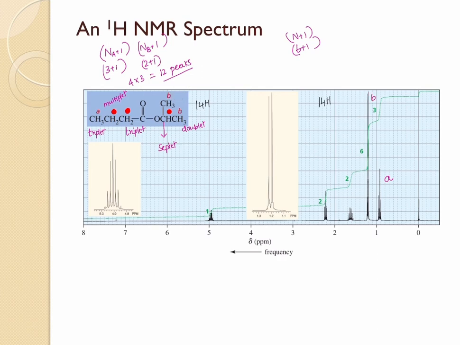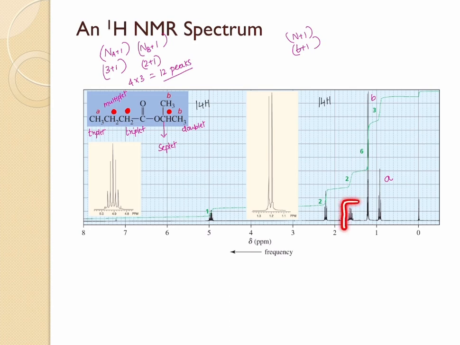Now let's focus on the methylene hydrogens. Here we have two different types of methylene groups, and therefore two different types of methylene hydrogens, right? This methylene group is closer to the electron withdrawing substituent, and you have another methylene group which is one step away from it. Now between these two, obviously this is the one that's going to come in the downfield region, and this should be split as a multiplet.